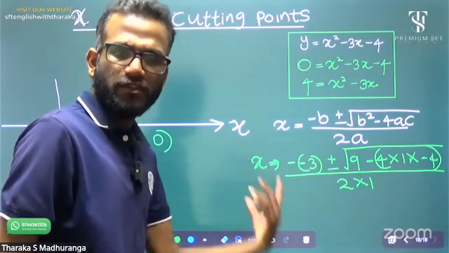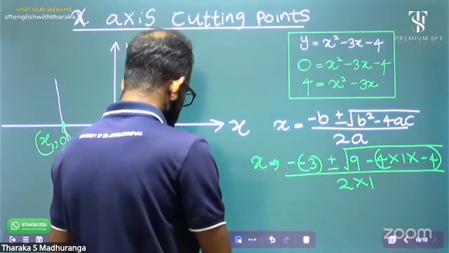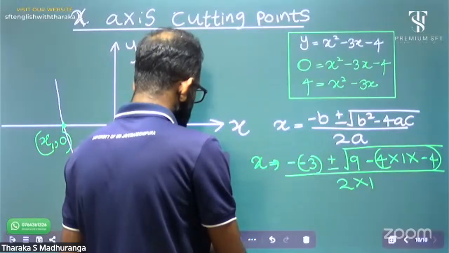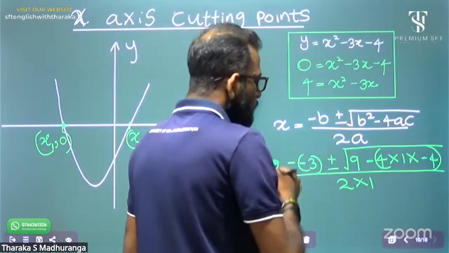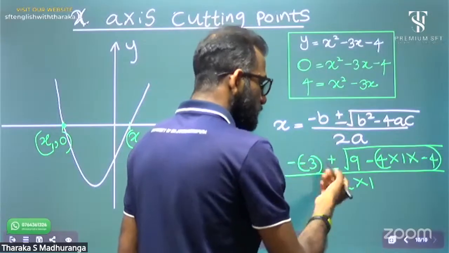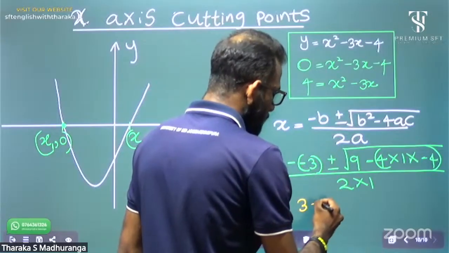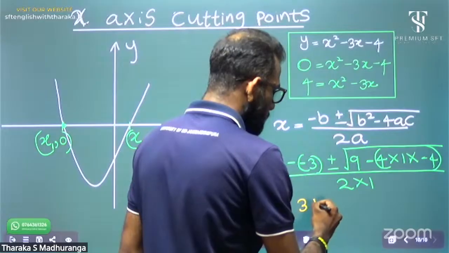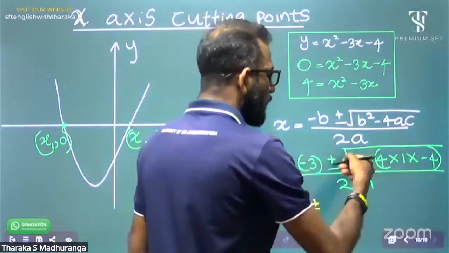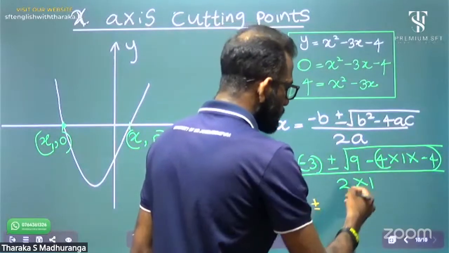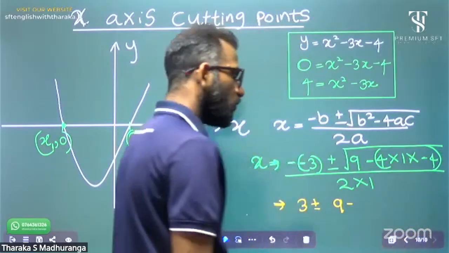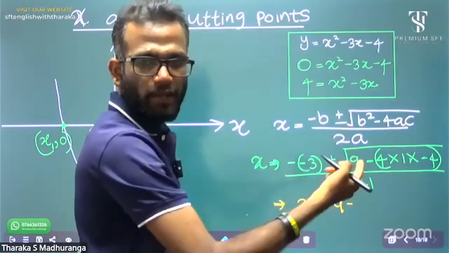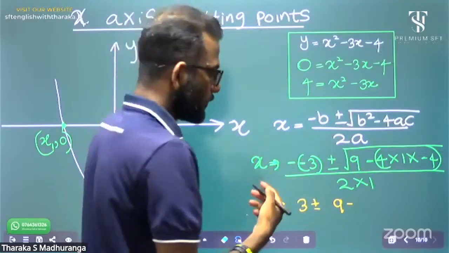Okay, how to solve this equation now? Minus 3 to minus 3 it is plus 3. Plus or minus is important. 9 minus 4 into 1 it is 4, 4 into minus 4 it is minus 16.